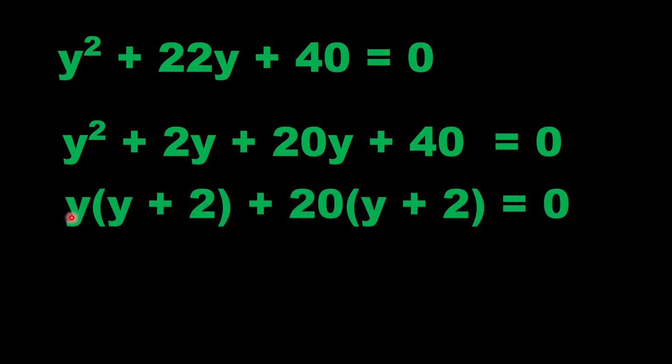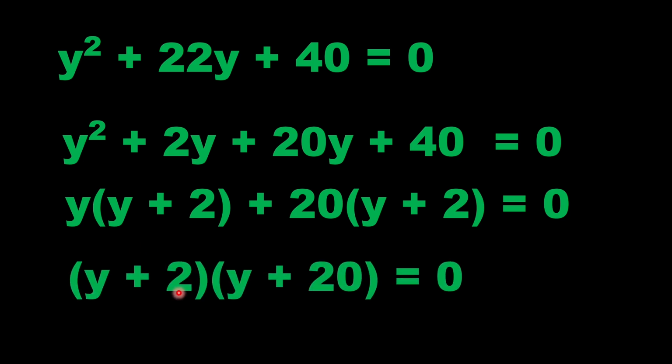After taking y common, the remaining term will be y + 2, and when we take 20 as common, the remaining term will be y + 2 as well, which is equal to 0. In both the terms y + 2 is common, so we will take y + 2 as common. The remaining terms are y and +20. So overall (y + 2)(y + 20) = 0.